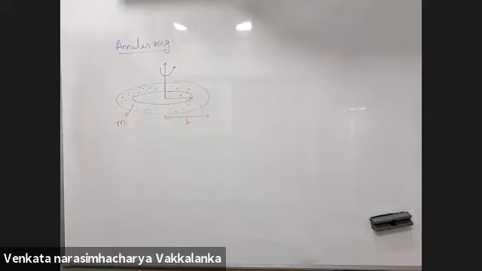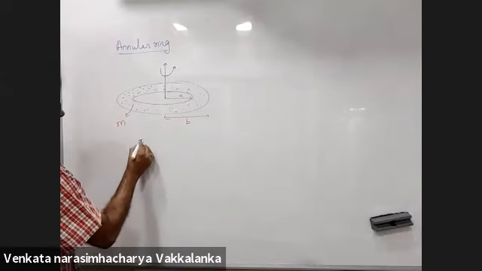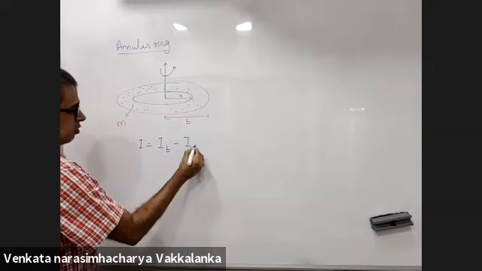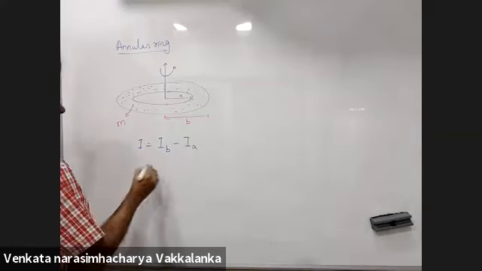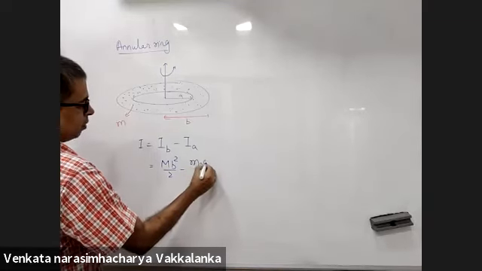M A square by 2 plus M B square by 2. One way of solving this is total moment of inertia of B minus total moment of inertia of A. Capital M B square by 2 minus M naught A square by 2.